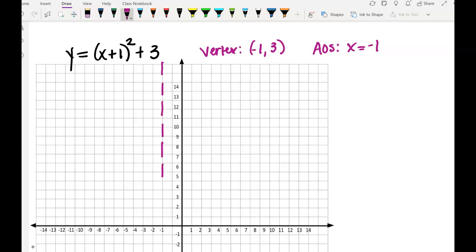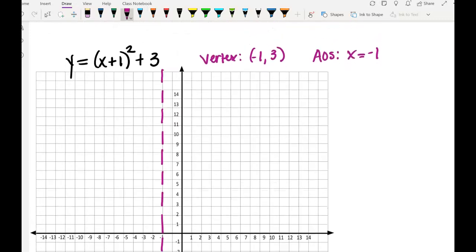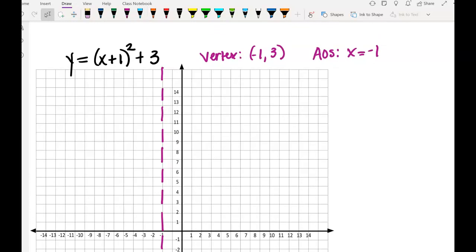That's what's dividing my parabola in half. So if you give me on a test just a number, I will mark it wrong because it's not just -1. It is the line x equals -1, and it represents that dotted line that I just drew. So now go ahead and mark your vertex on your graph.